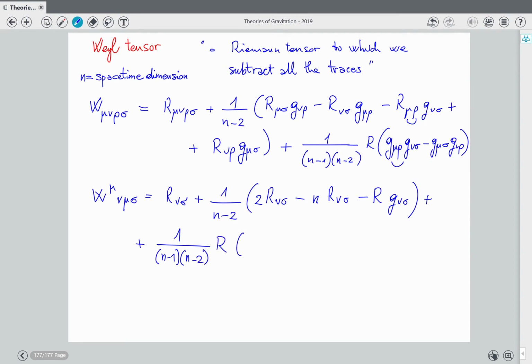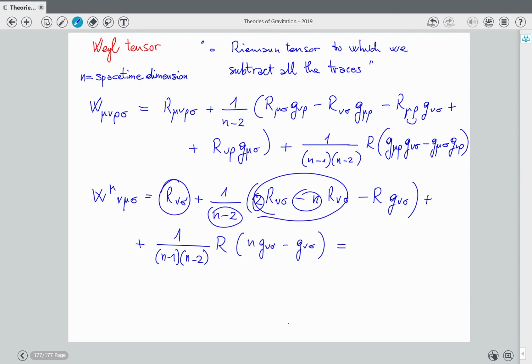So when mu is equal to rho, that is n, G nu sigma. And when mu is equal to rho, that is 1 G nu sigma. And so you see that this is 0 because here you have 2 minus n that cancels n minus 2, and you have r nu sigma minus r nu sigma.